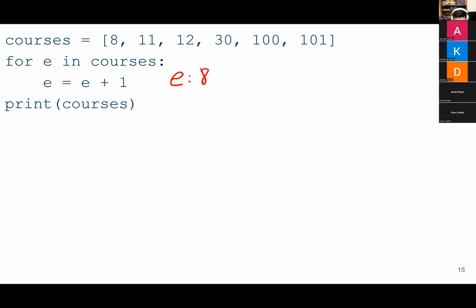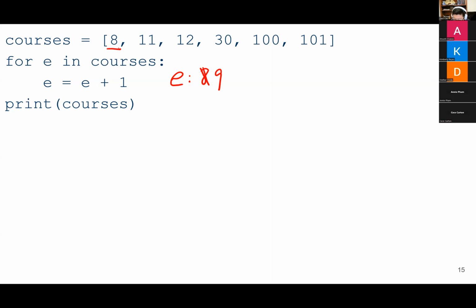So it's 8, and then we say E equals E plus 1. E is changing to 9, but the value in the list is not changed. E is changed, not the data in the list.